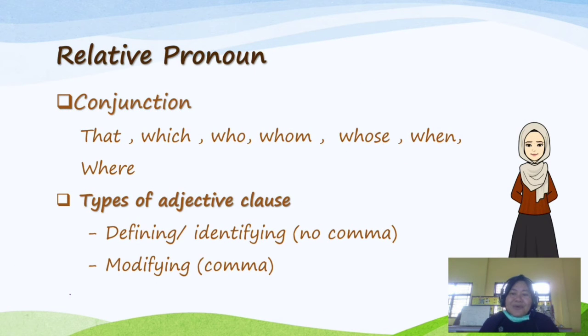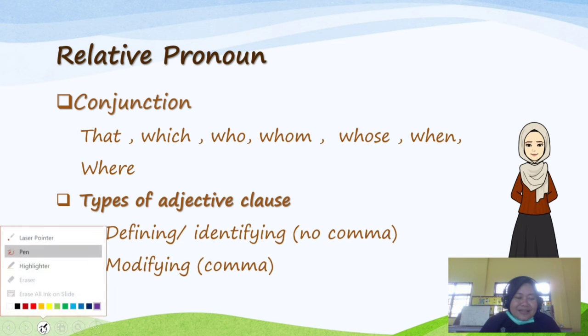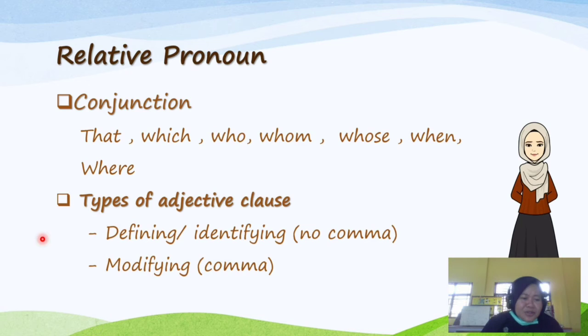Now we come to the relative pronouns or adjective clause. I'm sure that you also get the point. I'm sure that you have already seen this conjunction before in our previous topic about noun clause: that, which, who, whom, whose, when, and where, but it's not as complete as before.